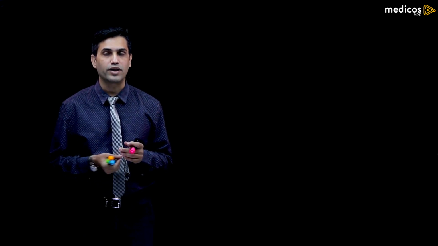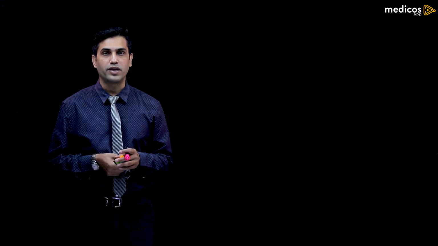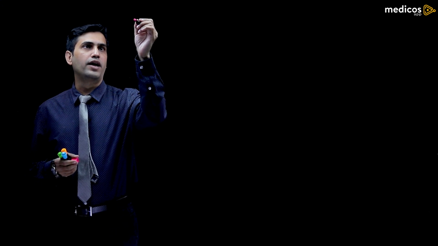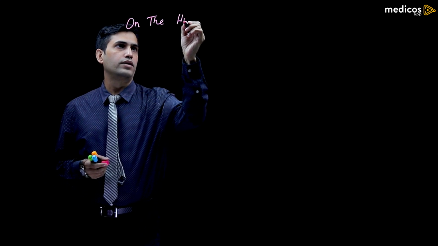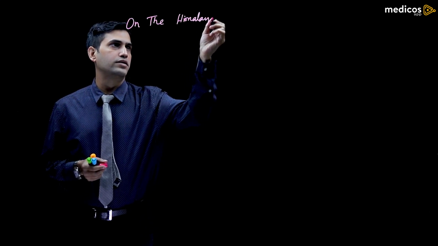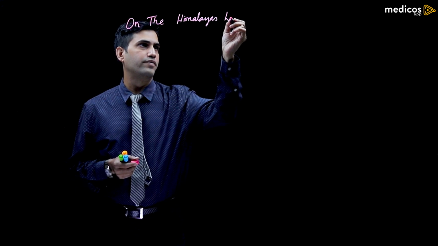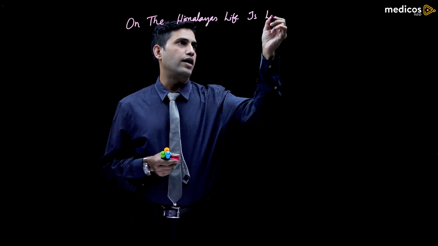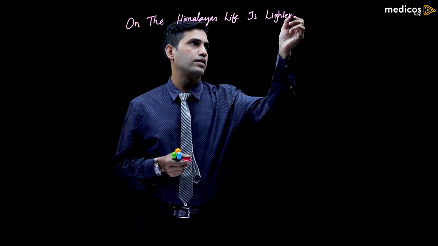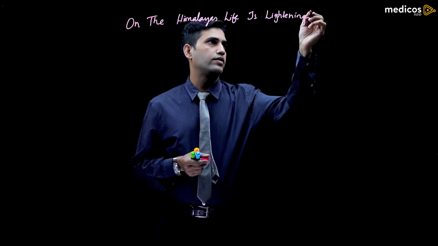Now, let us look at the various classes that are there. I have prepared a mnemonic, or it is not my mnemonic, I have taken it from a class I was listening to, and that person, God bless him, had given this. I have slightly modified it. Okay. On the Himalayas, life is lightning thunder.